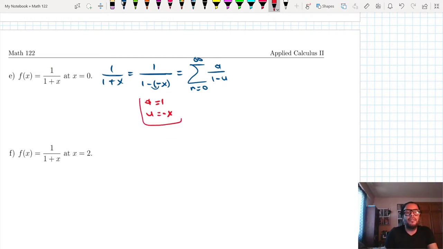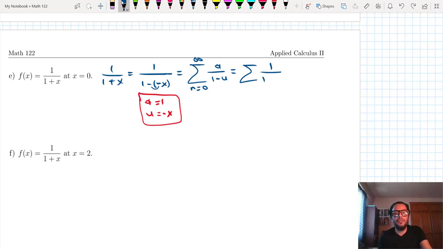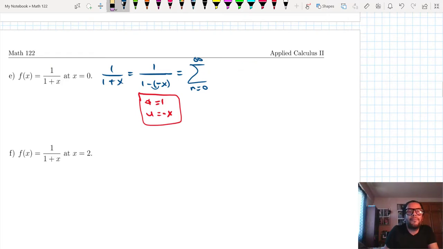Okay, that is our substitution. Okay, so we are going to have sigma of a, which is 1 divided by 1 minus, wait a minute, no, this is not the series representation. Hold on, it's supposed to be a u to the n, my bad.